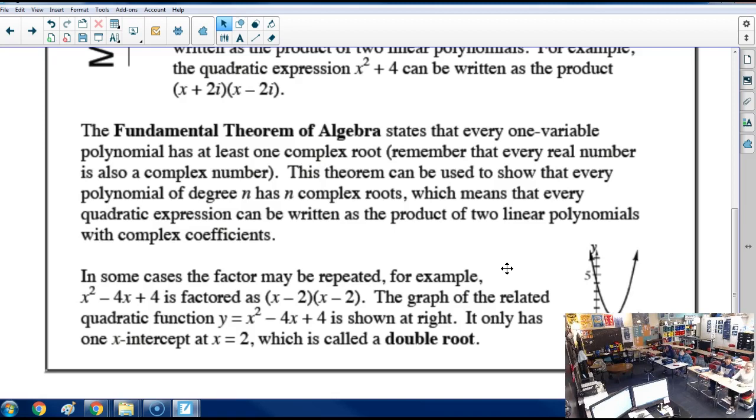Anyone remember the mathematician? Raphael Bombelli, using the fundamental theorem of algebra, said even quadratic formulas that don't appear to cross the x-axis have to have zeros, at least one. They may not be nice numbers, but they have to exist.